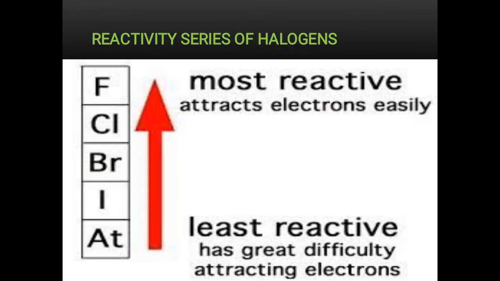The next thing which can be deduced is, if we compare the chemical reactivity of halogens among the group, then we find the reactivity of fluorine is more than chlorine, bromine, iodine and astatine. So we see the top element is higher in reactivity as compared to the lower elements.